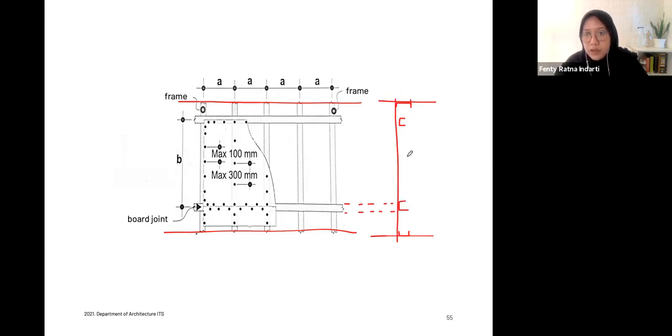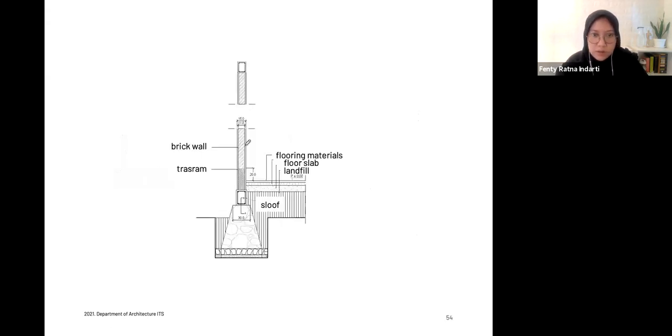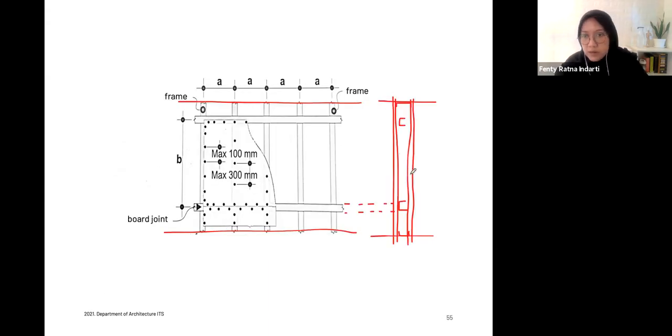It's like a thin layer of what you have seen in the previous image, like a thin layer like this. This here illustrates the board.